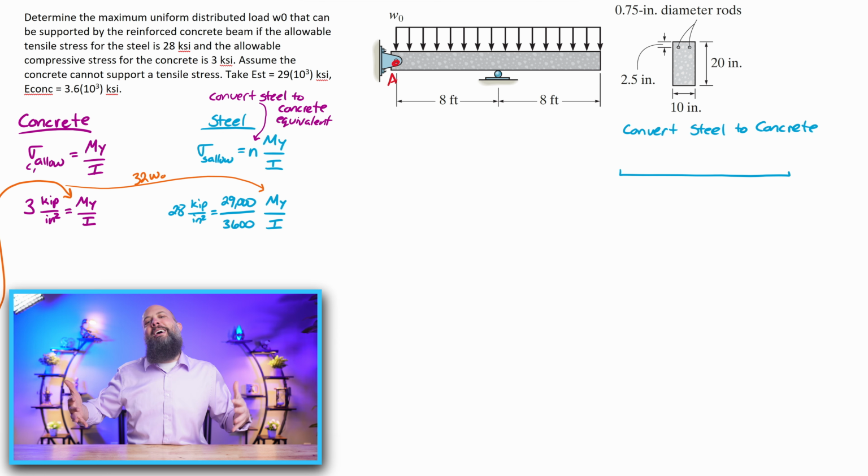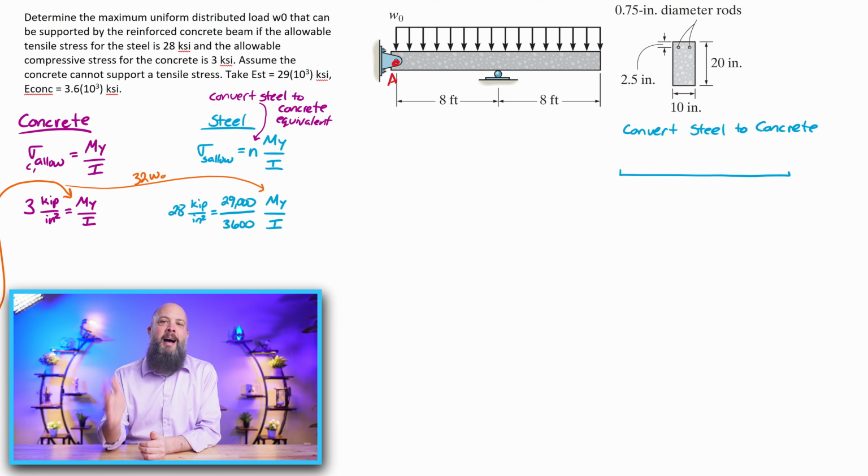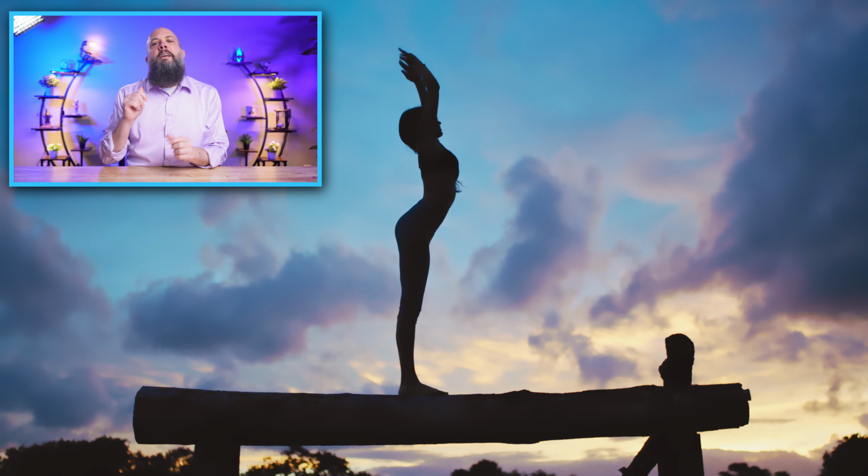But next, we gotta find Y and I. These are gonna be based on the cross-sectional area. And this is where, if you thought it was already getting weird because we had shear and moment diagrams without numbers in them, this is gonna get even more weird.